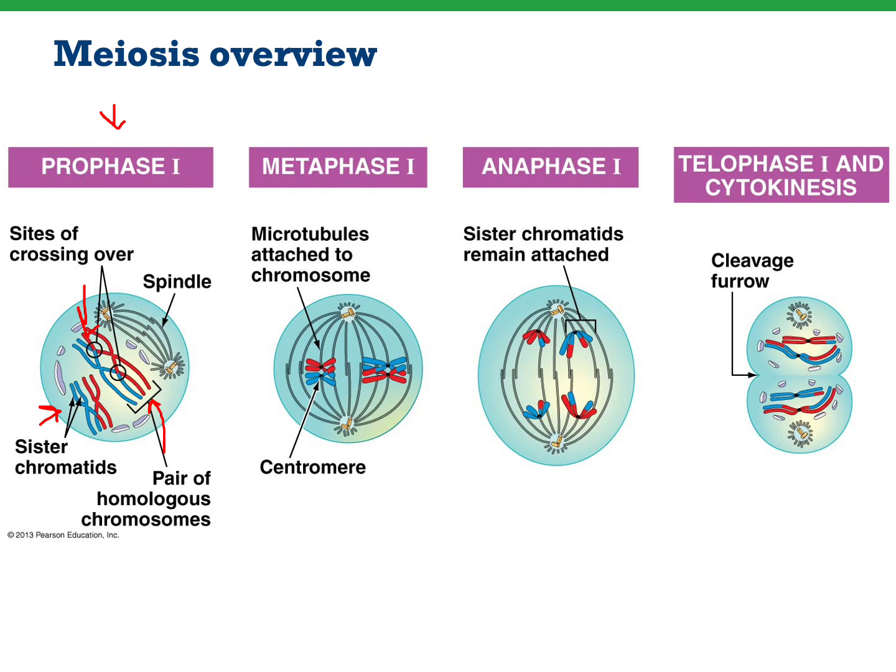During metaphase 1, the microtubules attach to each chromosome, and here you can see the centromere of the sister chromatids. During anaphase 1, sister chromatids remain attached, but you can see how they are being pulled to opposite ends. And in telophase and cytokinesis, that one cell is now split into 2 via a cleavage furrow.